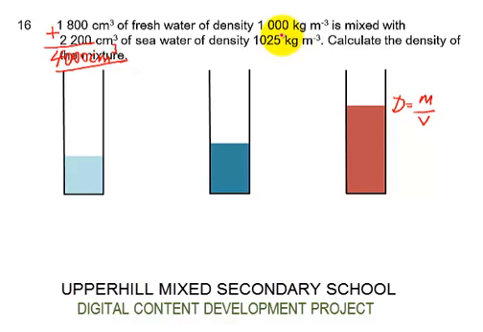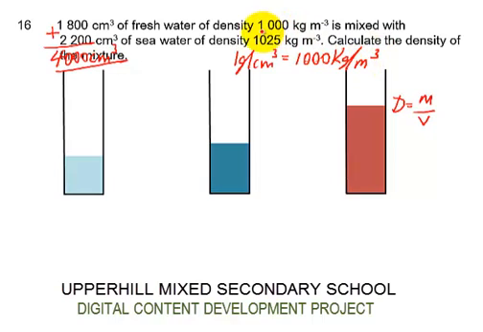So we can either convert the volumes to meters cubed and then use the densities in kilograms per meters cubed, or convert the densities to grams per centimeters cubed and then use the volumes in centimeters cubed. Let us use the second method. We know that 1 gram per centimeters cubed is equivalent to 1,000 kilograms per meters cubed.